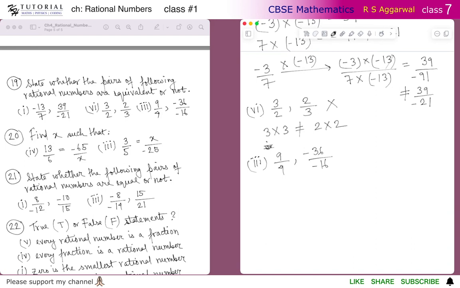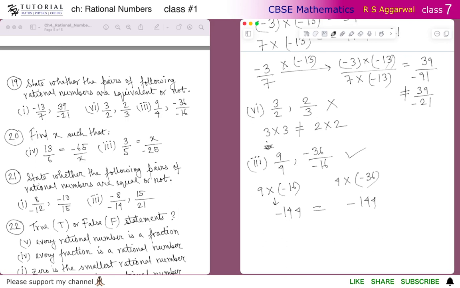If you do cross product, you get 9 multiplied by minus 16, which is minus 144, and this is also minus 144, and they are equal. Therefore, these two are equivalent rational numbers.